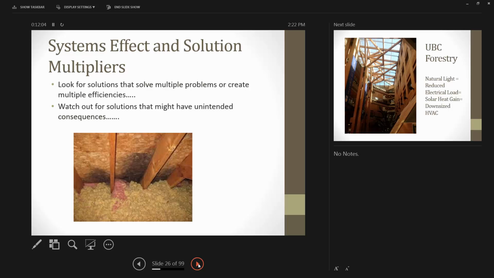So in a large building, maybe a 100,000 square foot building, it may take $500,000 to improve the thermal envelope and save 20%. But a 20% reduction in the heating equipment might save $300,000 and then save $75,000 a year on your heating costs.